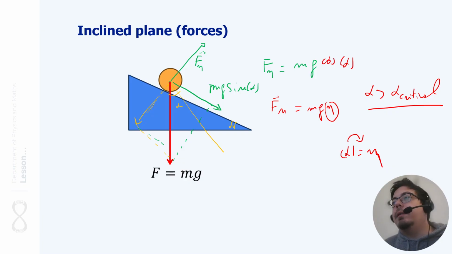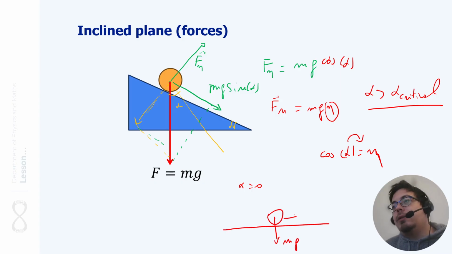You can guess it from the picture, or the easiest way to remember this, if you don't want to do the triangle equalities, is that when alpha is 0, the force in the direction of motion is 0, because there is no component along the direction of motion, because the object will be resting.